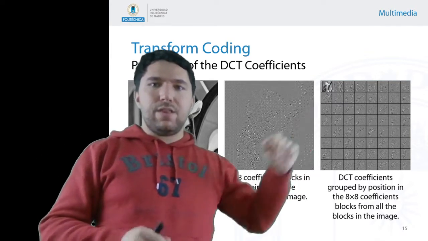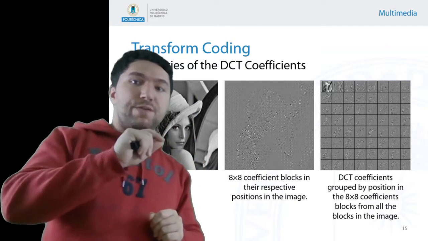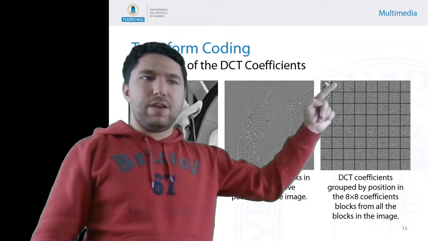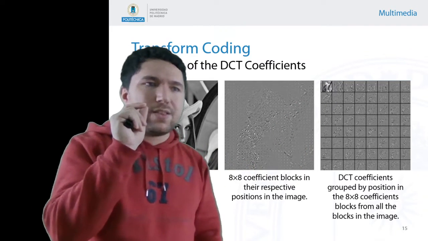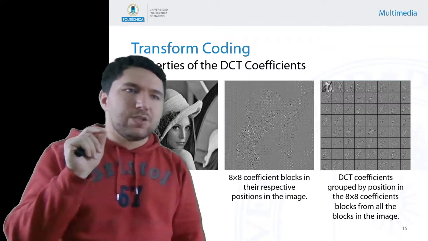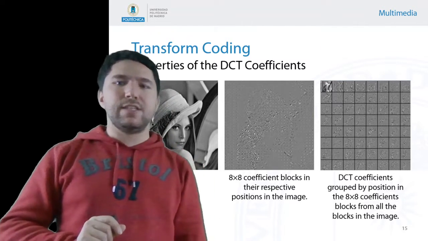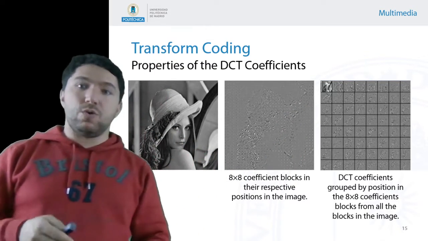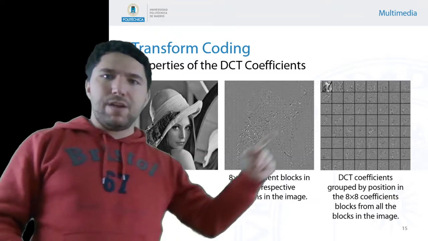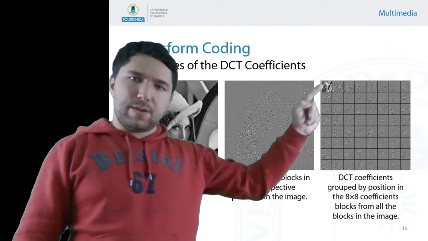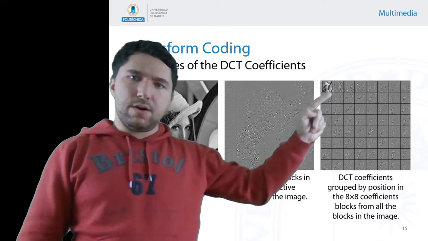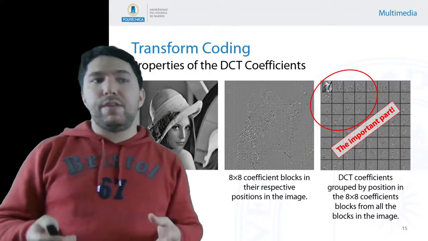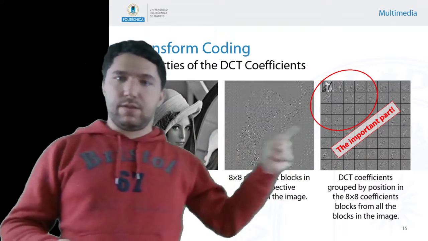Then if I place all the coefficients which are on the right side of the DC coefficient together here, if you look at the image very closely, you will see that you can still appreciate Lena's edges, the same here but in the other direction, and so on. So we can see that we have the most important information here, here, and here, or maybe a few more coefficients.